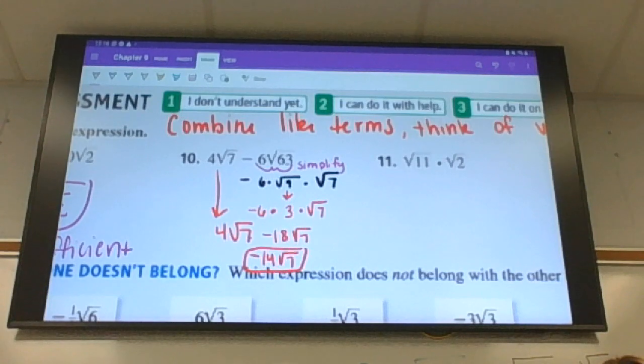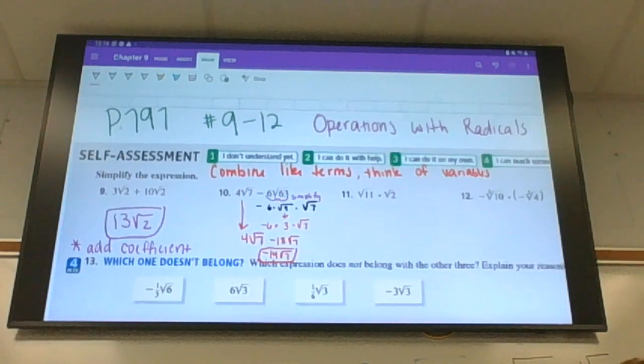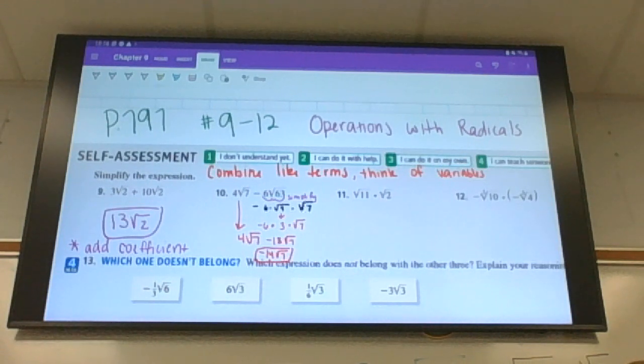How'd that one go? Okay. Now we did addition. It's all operations. We did addition, we did subtraction, and now we have to multiply. You can multiply anything. This is the square root of 22. Multiplying is always way easier than adding or subtracting.